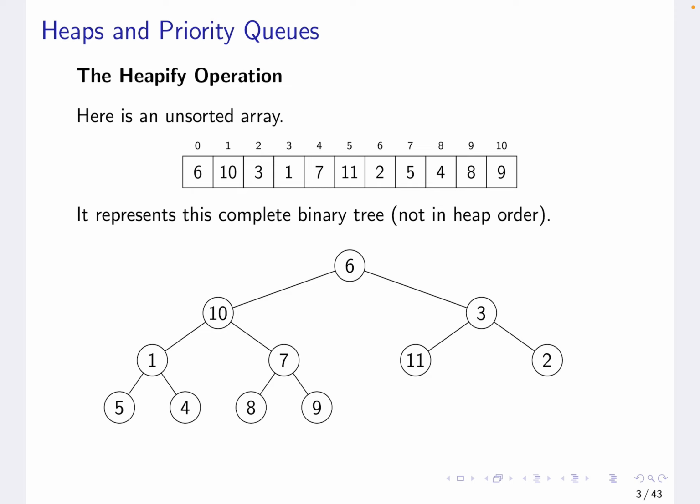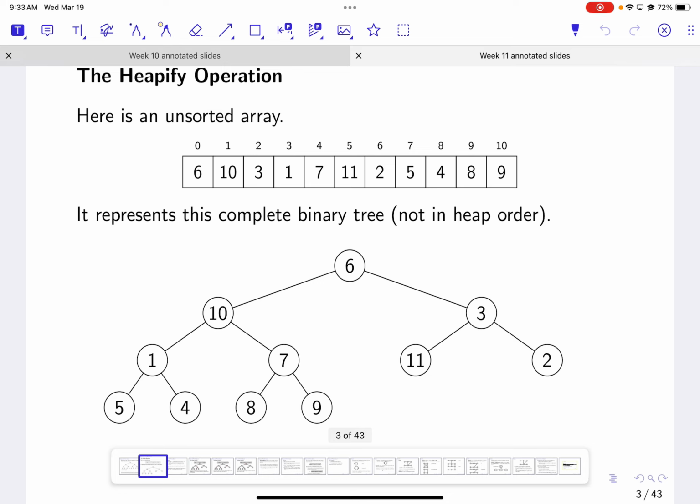It's not in heap order, and it definitely doesn't have the binary search tree property, but it is a tree. We just apply the same rules as before, where the indices of the array represent the positioning of the nodes in breadth first order.